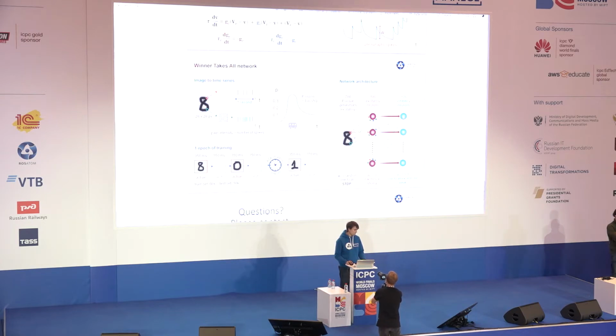In other words, this connection inhibits the other excitatory neurons, and it's very specific. For example, this blue inhibitory neuron has one input connection from its corresponding excitatory neuron and has 99 output connections to other excitatory neurons.